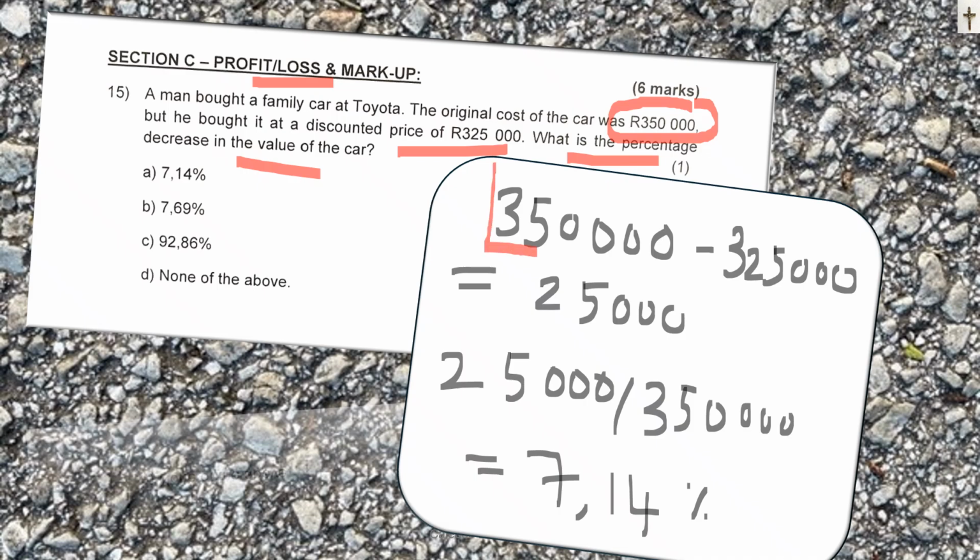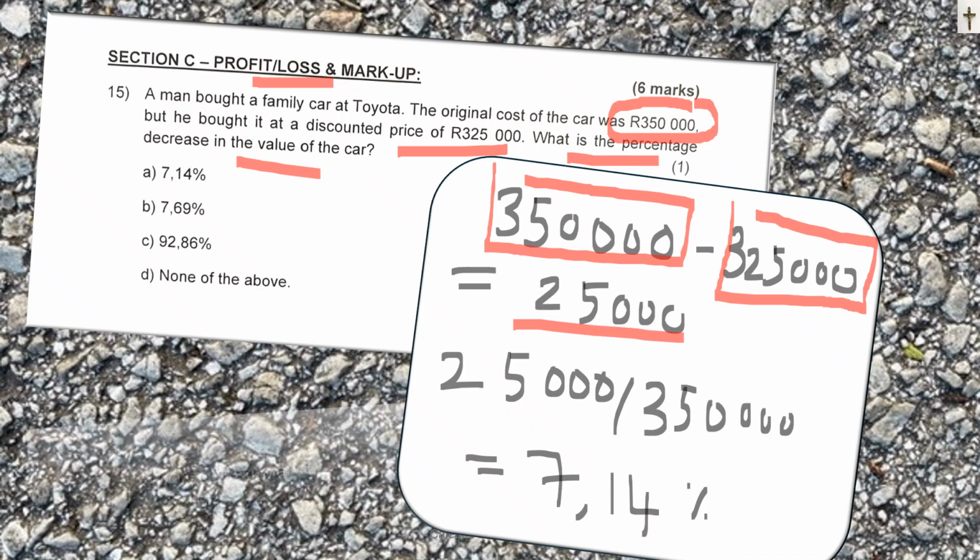It was originally $350,000, now got some discount, $325,000. The discount in rands was $25,000. To work that out as a percentage, what was the percentage decrease in the value of the car purchase price?